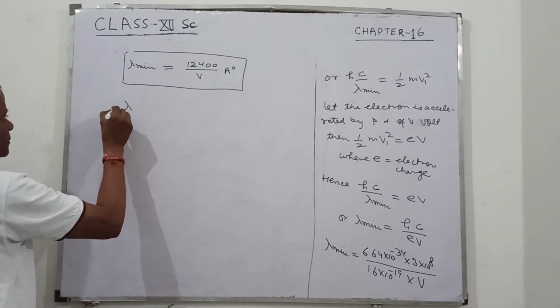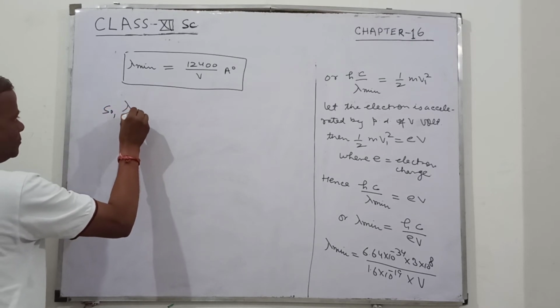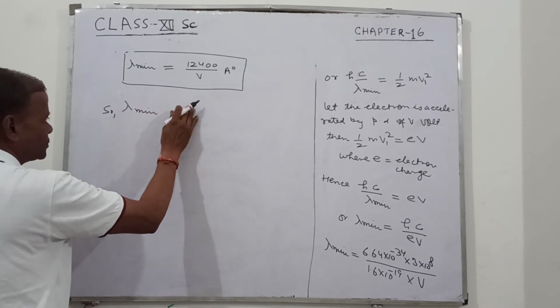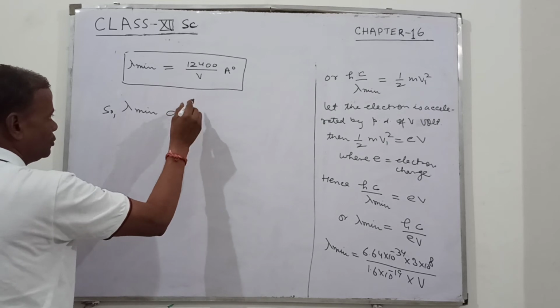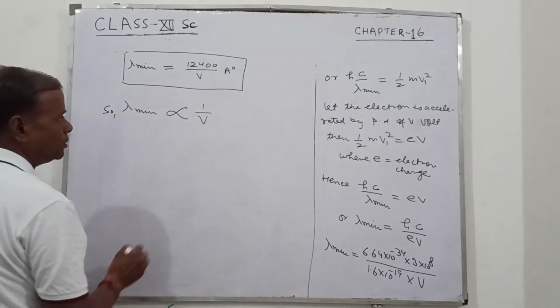So lambda minimum is proportional to 1 upon V.